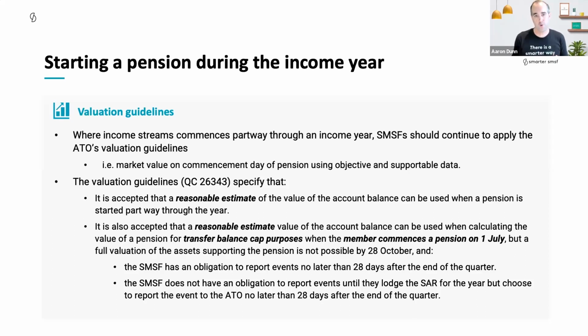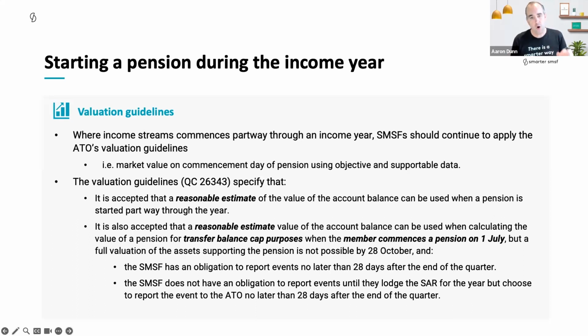And they go on further to actually say that it's accepted that a reasonable estimate of the account balance can be used when calculating the value of a pension for transfer balance cap purposes where it commences on 1 July, but we don't have the ability to determine the value, i.e. commence or complete the accounts of the fund before the 28th of October. So it might be because of tax statements, it might be just from a workflow point of view, and noting that we actually have the obligation to report by that point in time.